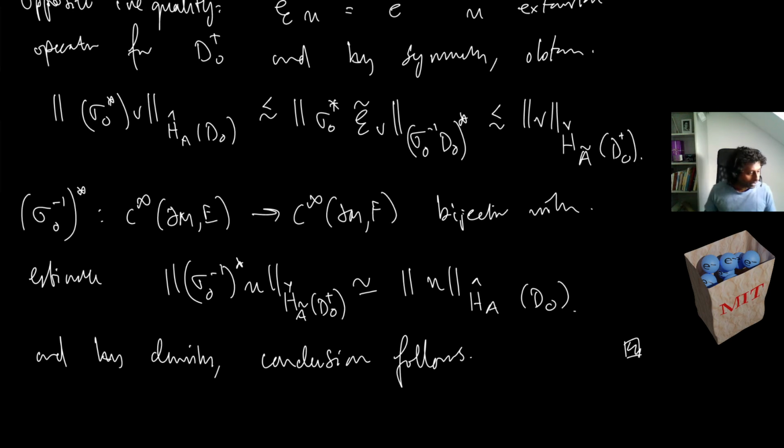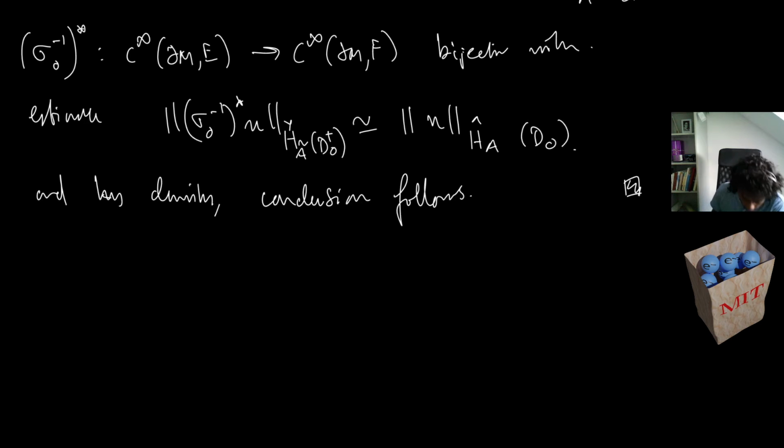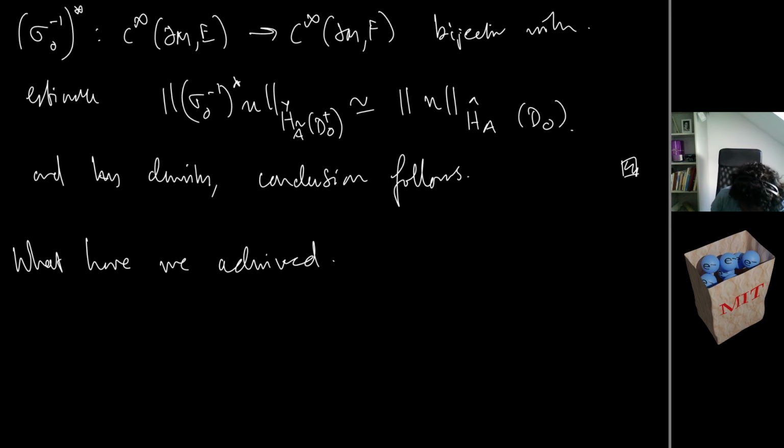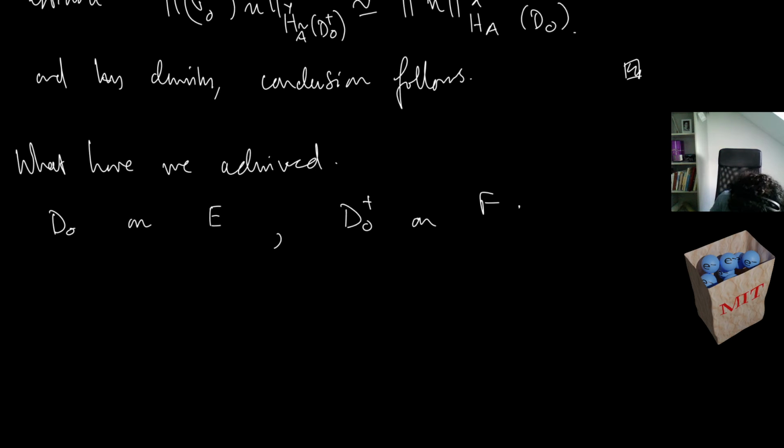Okay, so we've proved something here, but what have we really obtained? So what have we achieved? We have D naught, an operator on E, and we have D naught perp on F. So maybe I'll just write this down.